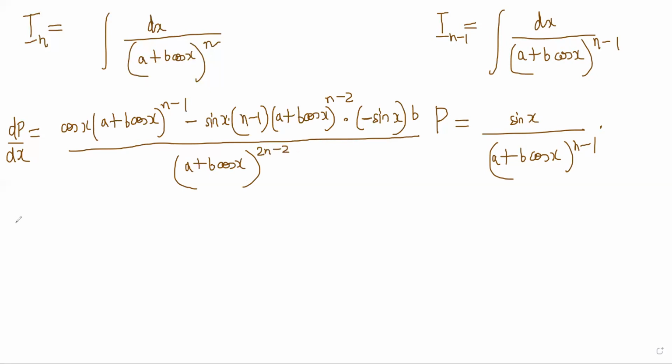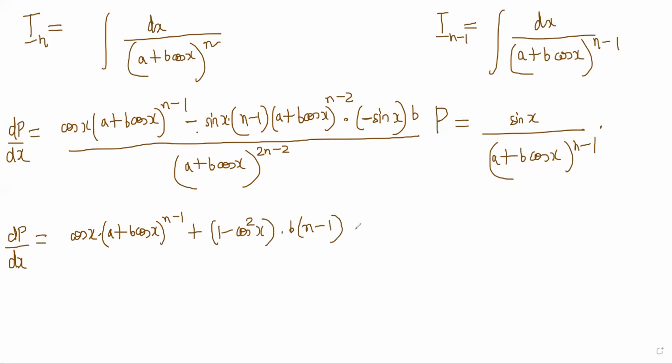If you simplify this a little bit, what you will get is dp by dx will be equal to, on top you can just have a cos x into, let's keep it like this, (a plus b cos x) power n minus 1. And what happens here is minus minus becomes a plus, this plus sine square x, right? So we'll say plus (1 minus cos square x) multiplied by b into (n minus 1) into (a plus b cos x) power n minus 2, right?